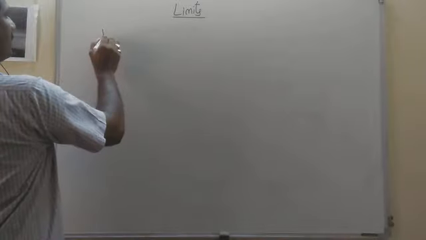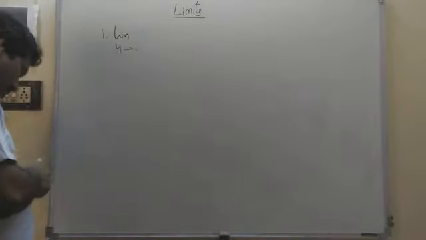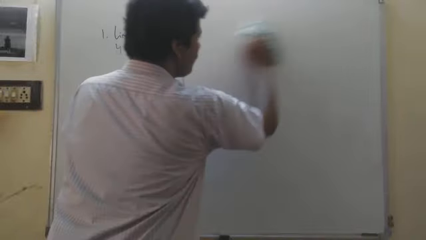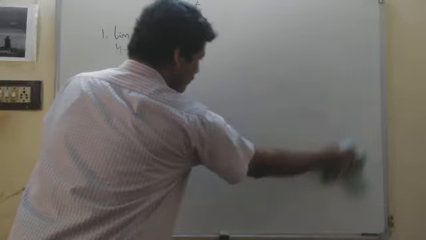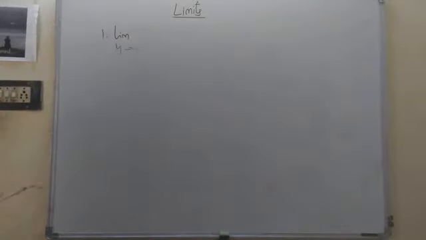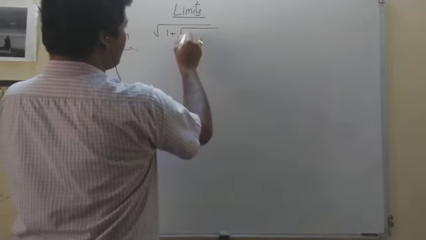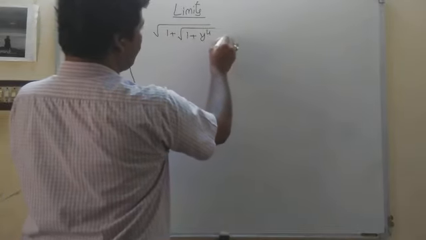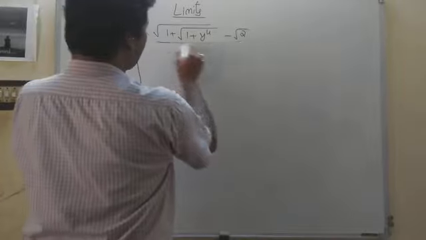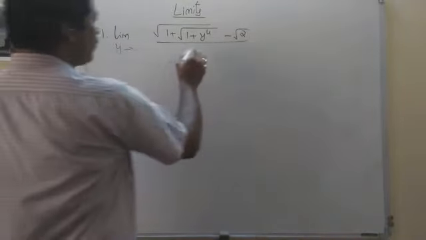The first problem is the limit as y tends to 0 of square root of 1 plus square root of 1 plus y power 4, minus root 2, whole by y power 4.